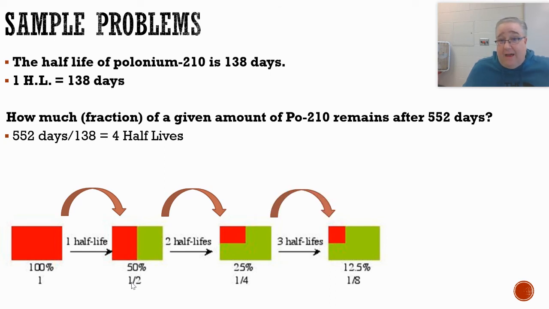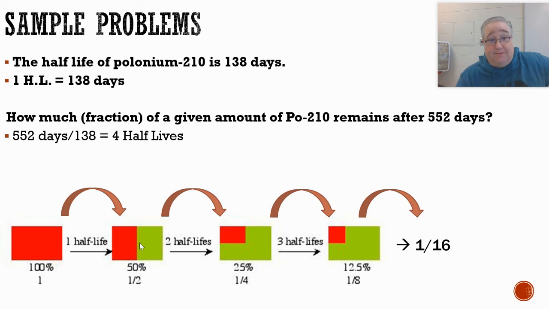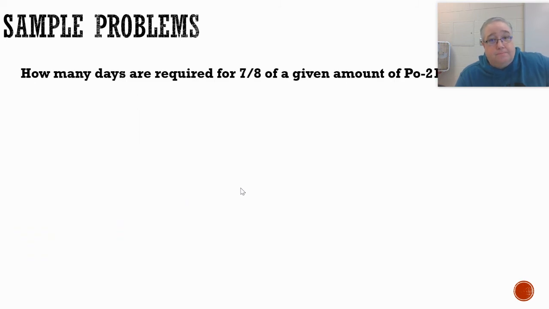After 3 half-lives, an eighth is left. After 4 half-lives, 1/16 would be left. So the answer is after 552 days, 1/16 of the original amount of polonium-210 will still remain. Another way to say that is 15/16 will have decayed. You can look at it either way, but 1/16 remains.